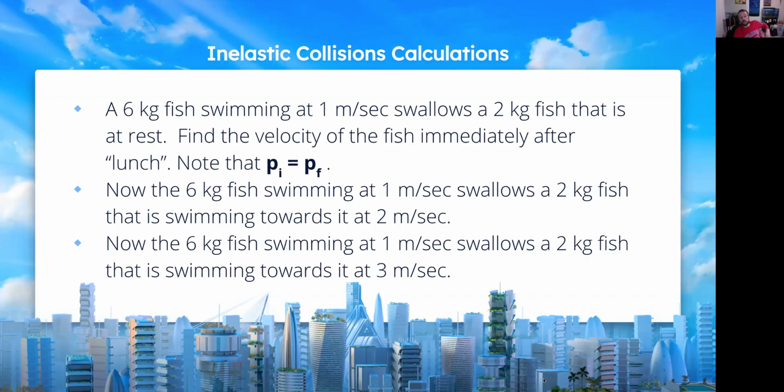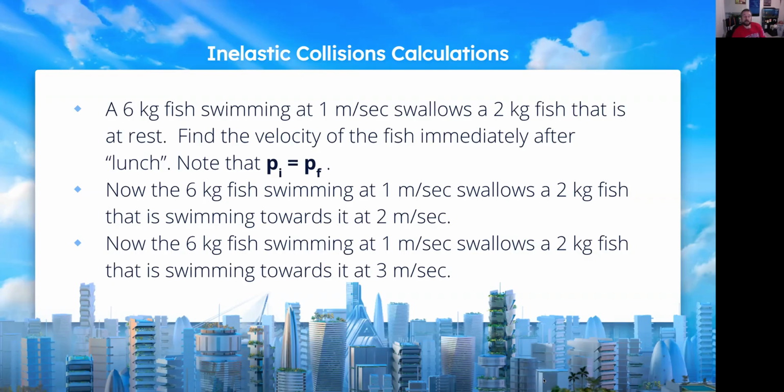So 2 Newton seconds equals 8 kilograms times some final velocity. Again, we're going to divide each side by 8 kilograms, and that will get us our final velocity. 2 divided by 8 is 0.25 meters per second.